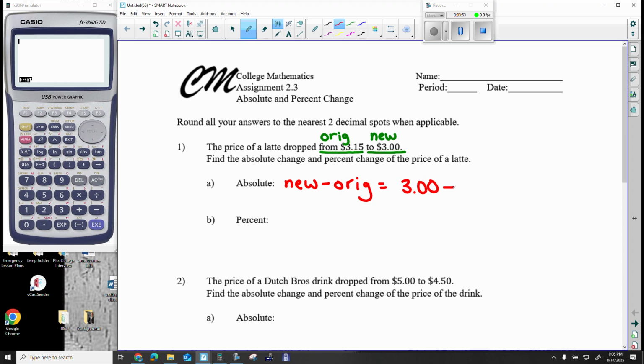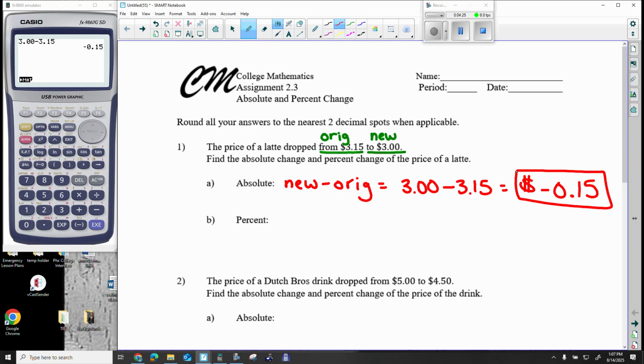The original value is $3.15. And so $3 minus $3.15 is negative $0.15. The negative indicates that the price dropped. It went down 15 cents. That would be the absolute change. It went down 15 cents.